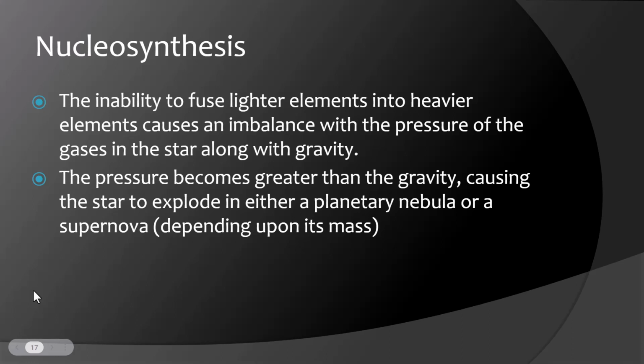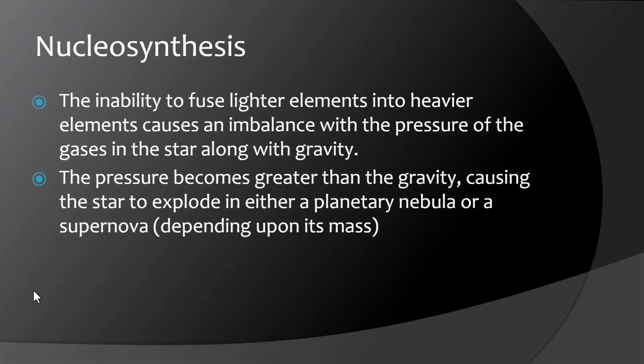Now, the inability to fuse lighter elements into heavier elements causes an imbalance between the pressure of gases in the star and gravity. During its main sequence where it's doing fusion, the pressure from the gases and the gravity are balanced, so it stays in complete balance with itself. But eventually, the gravity decreases and the pressure increases.